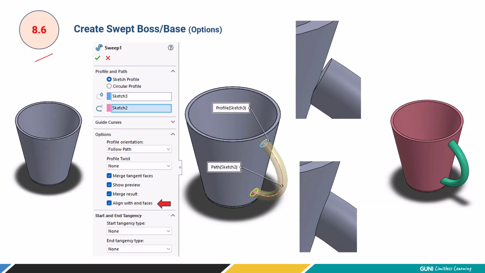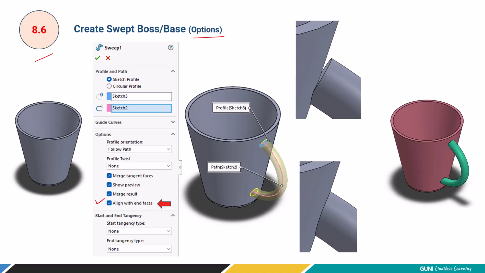Now in 8.6, we'll explore more options. One of them is align with end faces. Let's say I have a coffee mug here and I have drawn this path. And I will use a sketch over here to create a sweep feature.